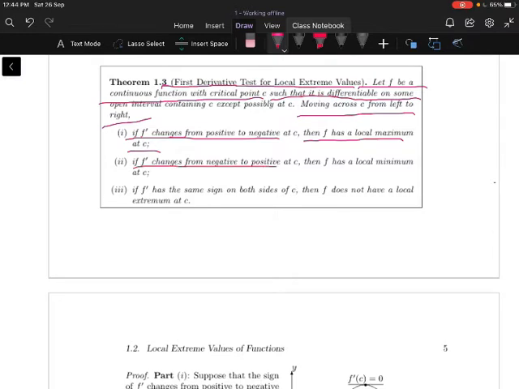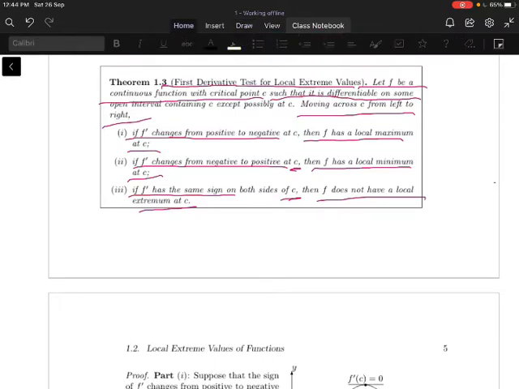If f dash changes from negative to positive at c, then f has a local minimum at c. Suppose f dash has the same sign on both sides of c, then f does not have a local extremum value at c. It means it does not have either a maximum value or a minimum value at c.